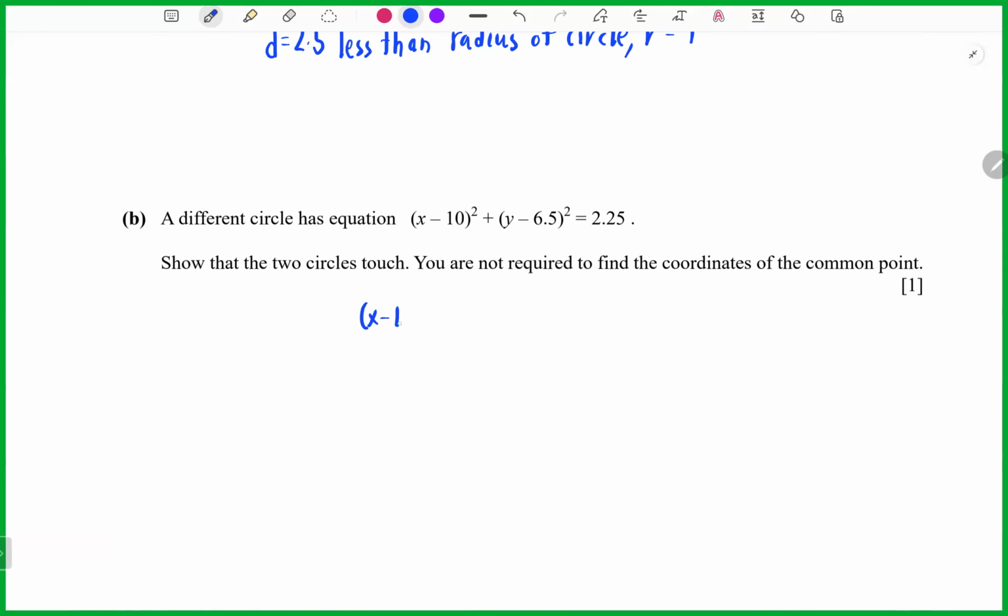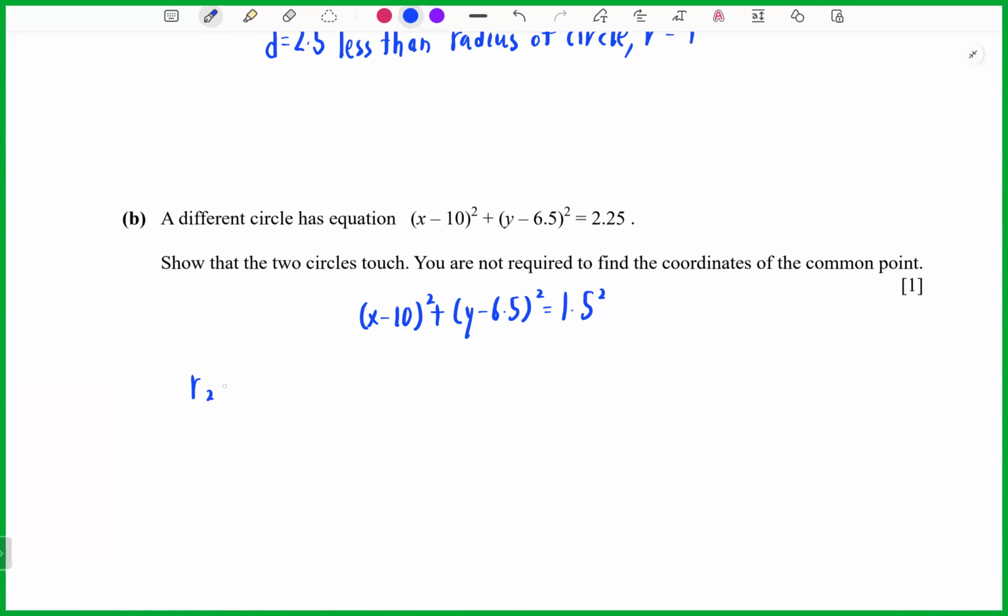Take (x - 10)^2 + (y - 6.5)^2 = 1.5^2. So the two circles will touch.